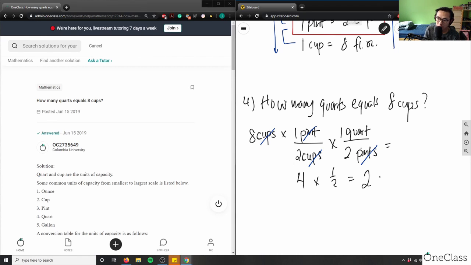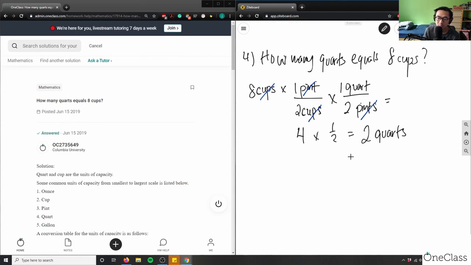So I have 2 quarts as my answer, which means I can write a statement that says 2 quarts equals 8 cups, and this here is my answer.